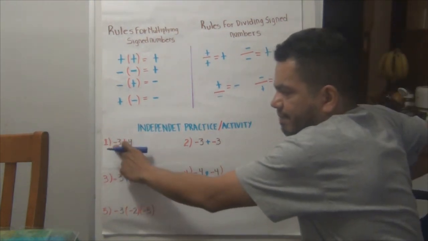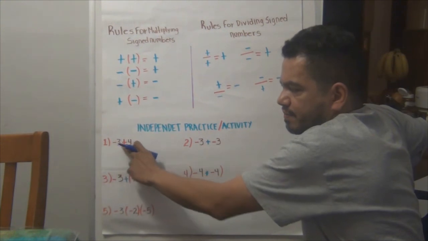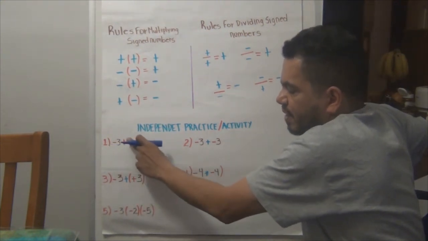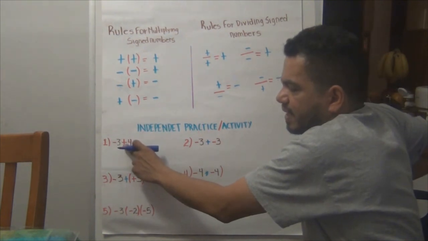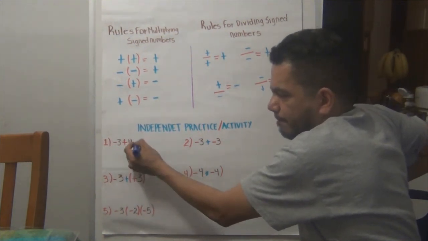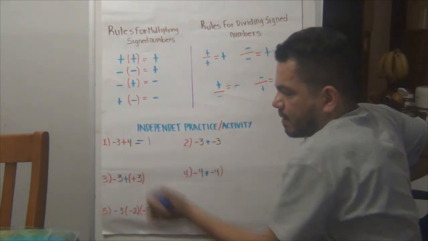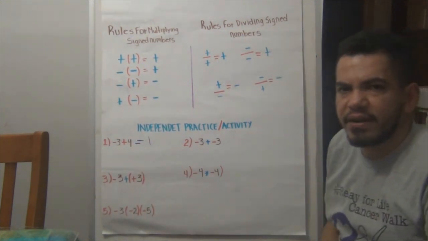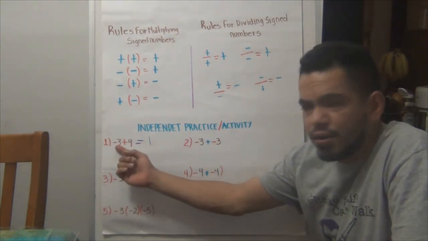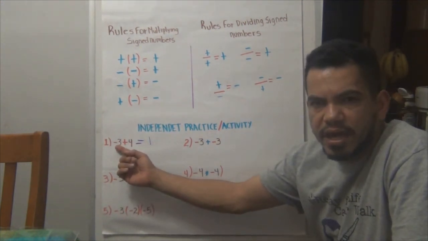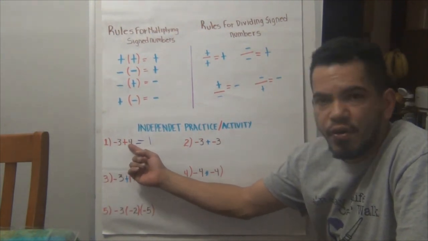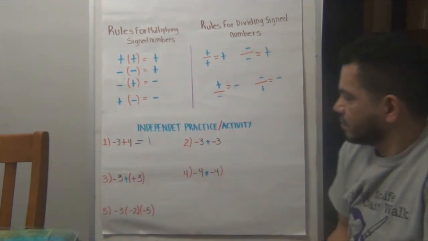You owe $3 and you pay 4, so you have $1 remaining. Or think of it as a bank account. You have a balance of negative $3 in your account. You deposit 4, then now you have 1.